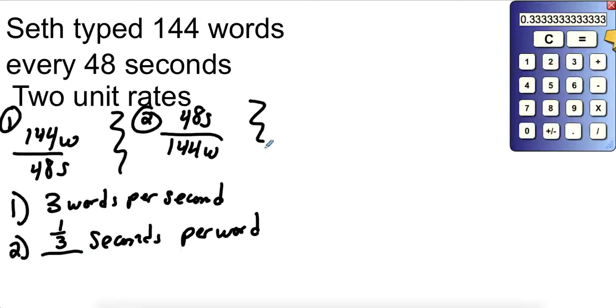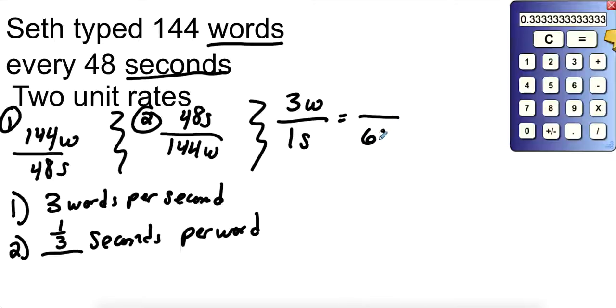Now our last example is going to be a little bit different because our original units were words and seconds, but now we're going to convert this from words to minutes. So I'm going to use the first unit rate I found, 3 words every 1 second, and I'm going to convert this to 60 seconds because I know 1 minute is 60 seconds.